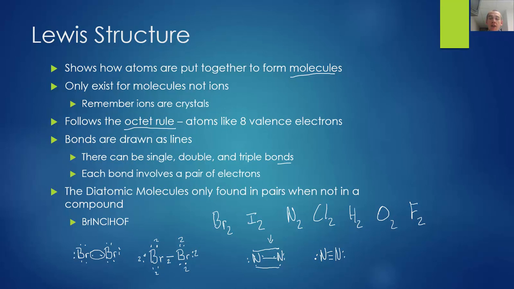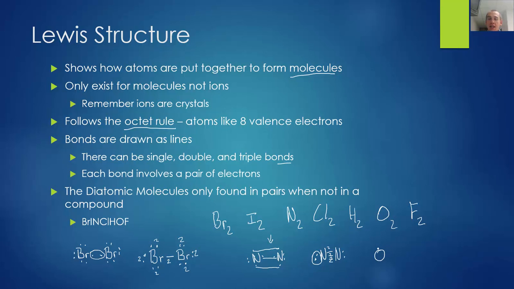Now again, we got to follow the octet rule. So there's 1 pair of shared electrons, which is 2. There's another pair, which is 2. There's another pair, which is 2, so I have 2, 4, 6, and then my lone pair, which is not shared, that's 8. So this is a triple bond which has 6 total electrons in it, and then our lone pair that's not bonded. So both of these follow the octet rule. Both have 8 valence electrons, even though the middle 6 are shared.